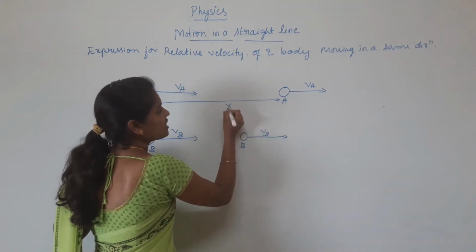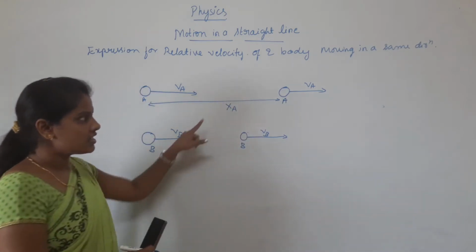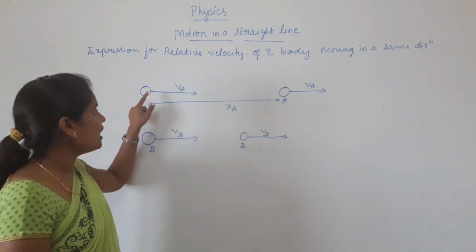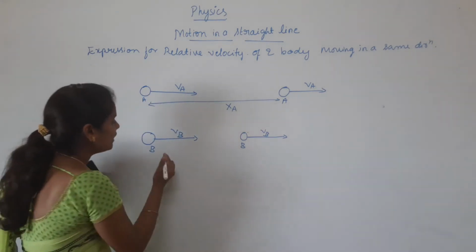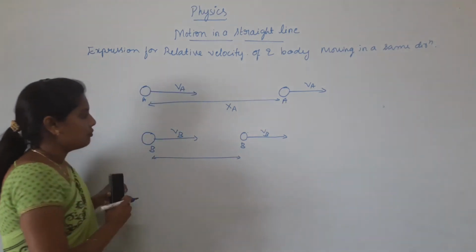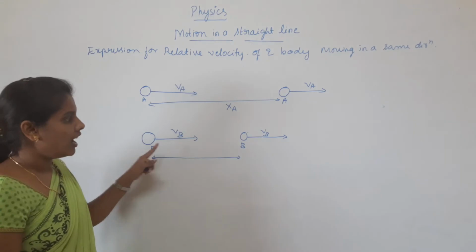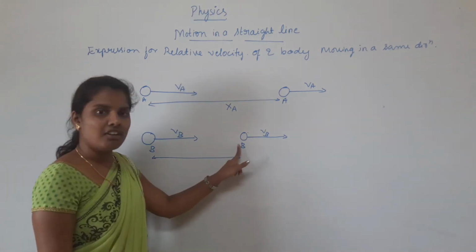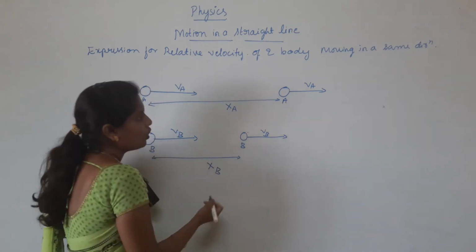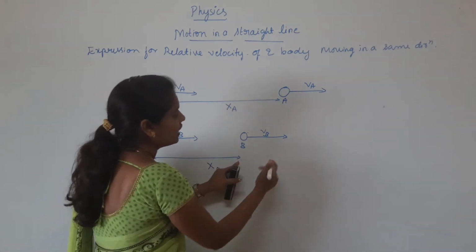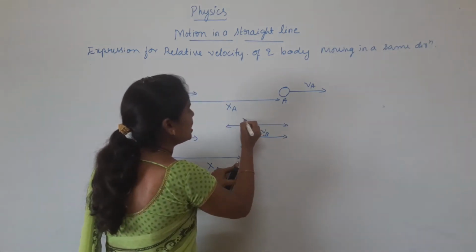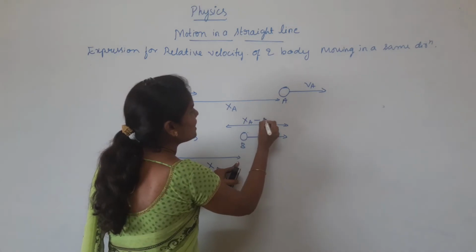Here xa represents the displacement of body A, and for body B, initially at this stage, after some time it travels this distance, xb. The distance between here and here is xa minus xb.